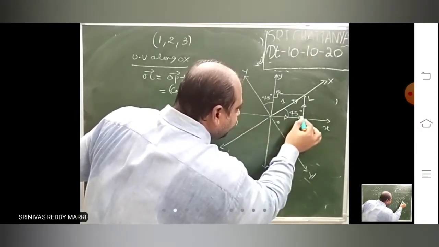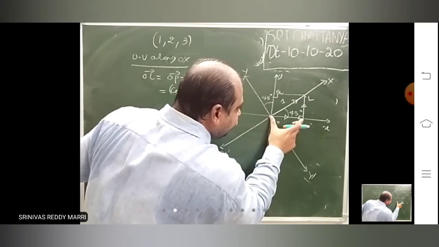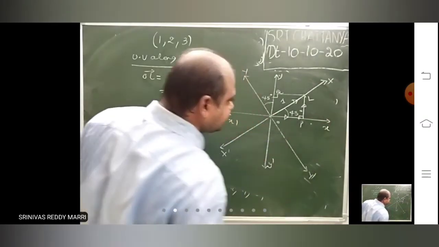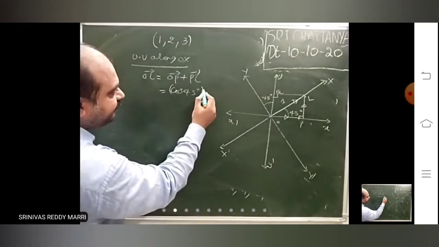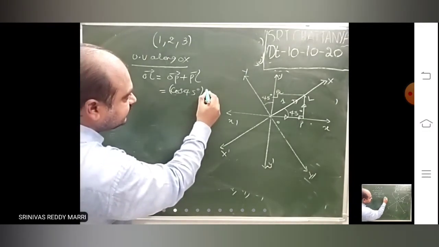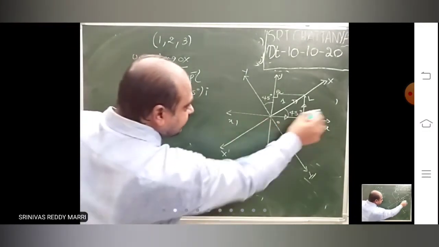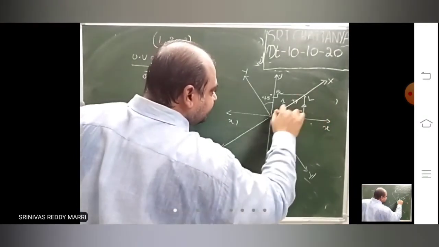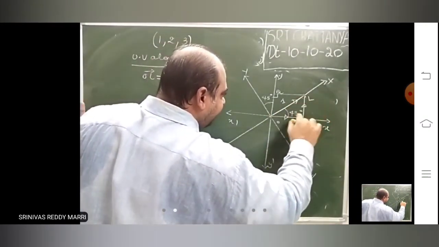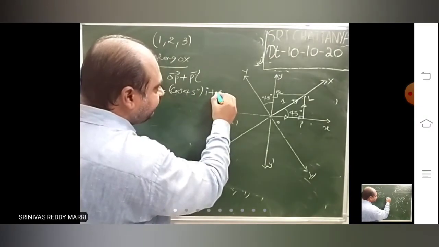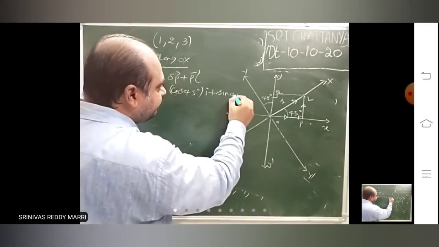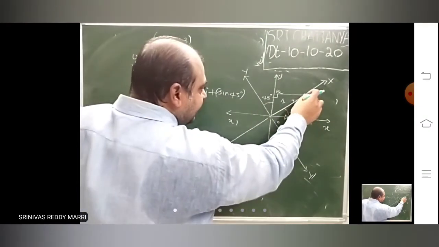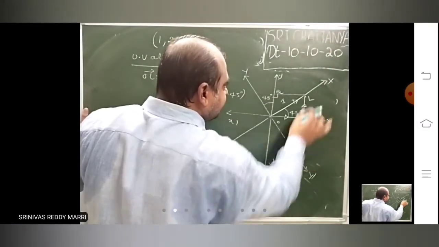OP is cos 45 length and it is in the direction of OX. That means OP bar is nothing but this length into unit vector in that direction, i, plus PL length, this is 1, this is sine 45, into unit vector in that direction.